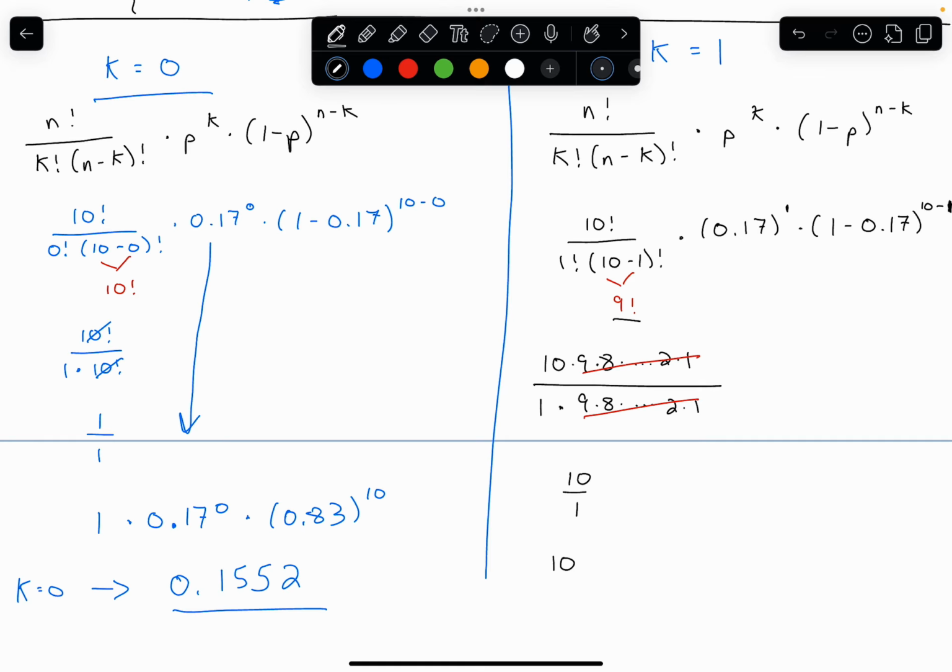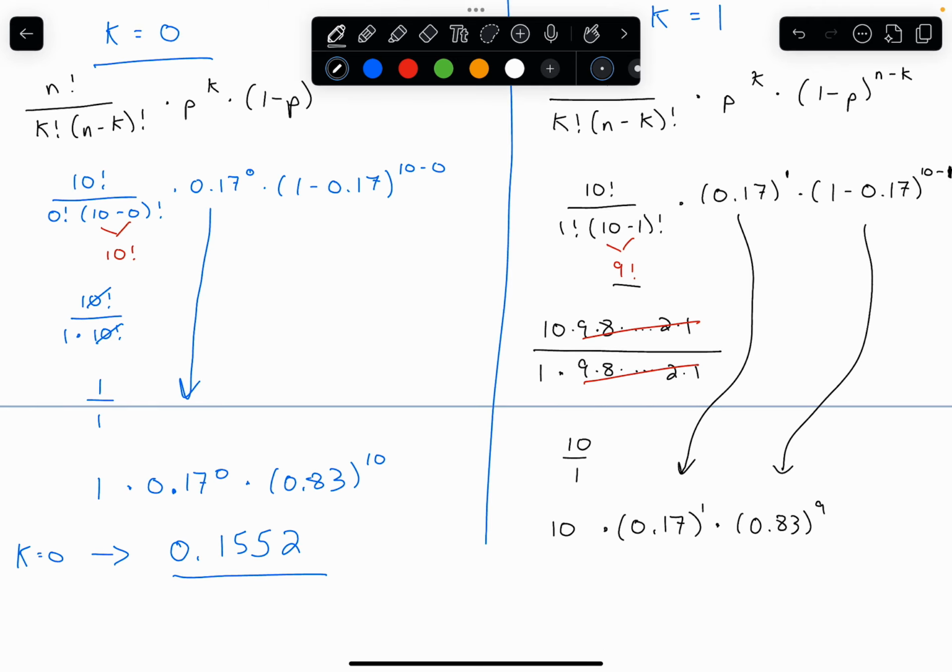So there is the first part. That's the hard part. We just bring down the rest of this probability formula. So 10 times 0.17 raised to the first power times 1 minus 0.17, that's going to be 0.83, raised to the power 10 minus 1, which gives me 9.